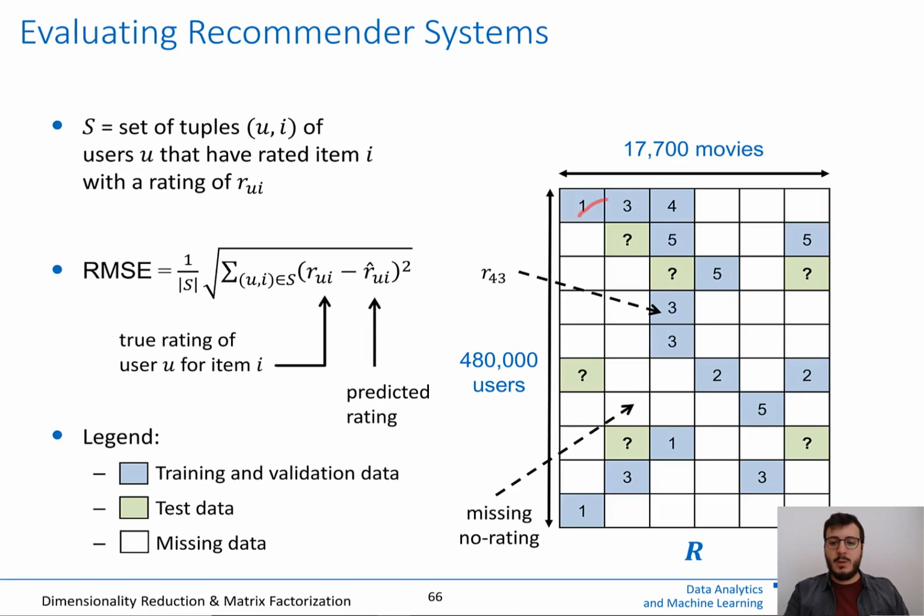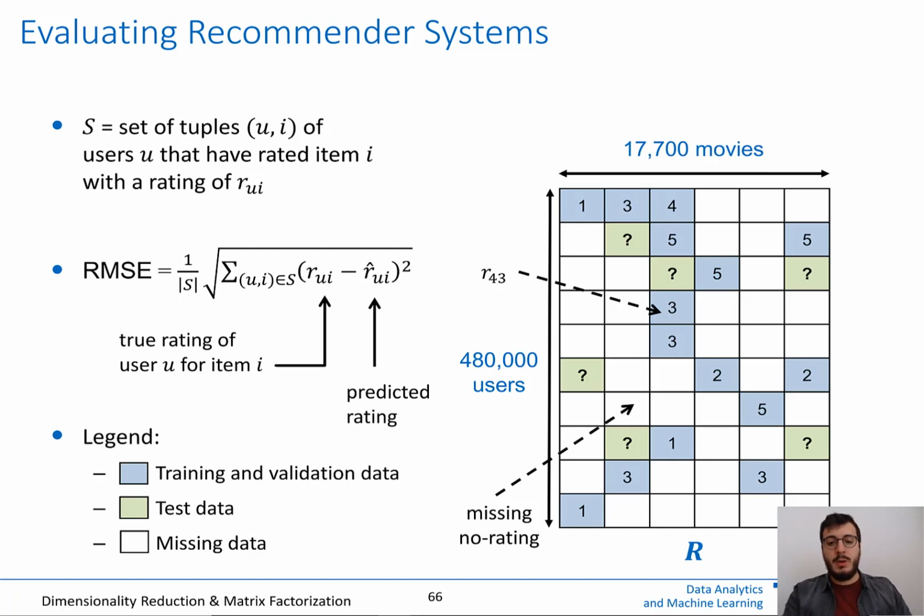So some of these squares were randomly put in the training set, shown in blue, and some of the other squares are randomly put in the test set, and we'll use these to evaluate our system. What you also notice here is we have lots of white cells, and these are the missing data. This is exactly the goal which the recommender system is trying to accomplish, right?